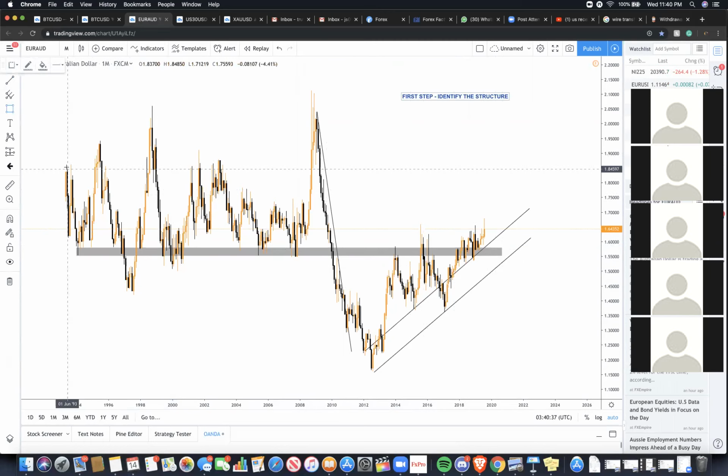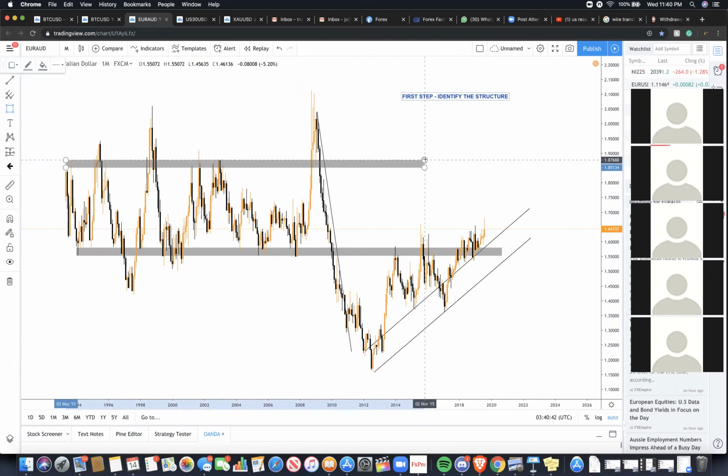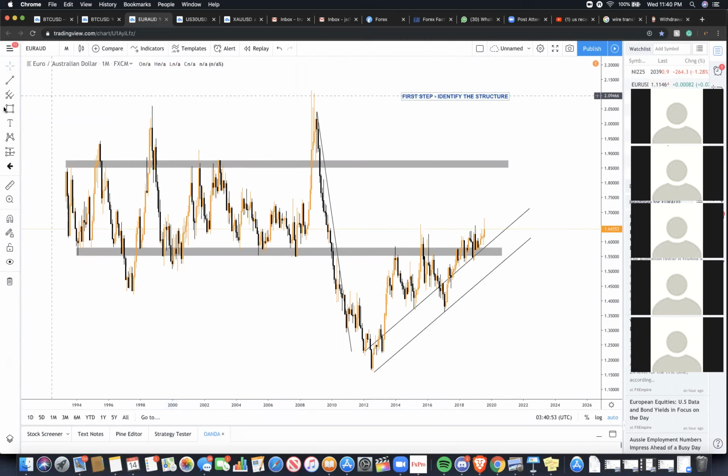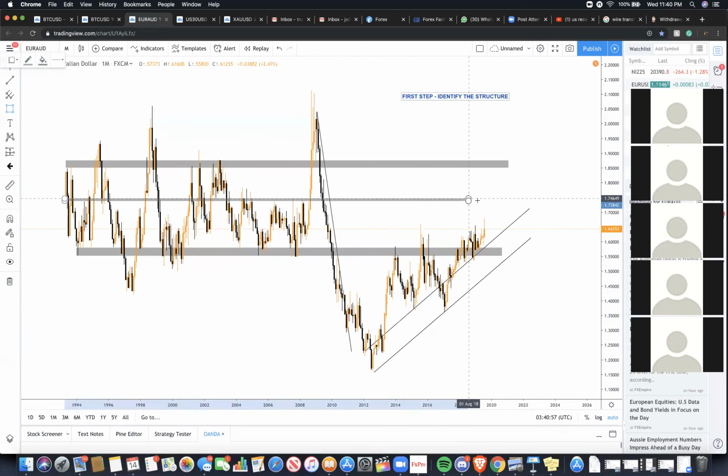Here's one, right? High to high. Here's another one. And as always, identify the median, right?